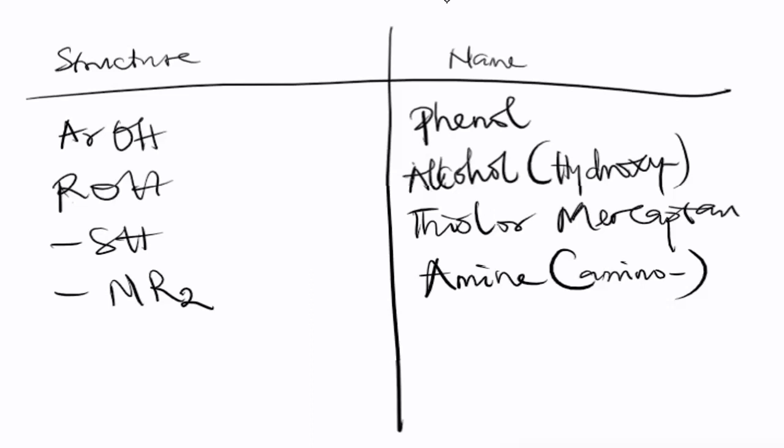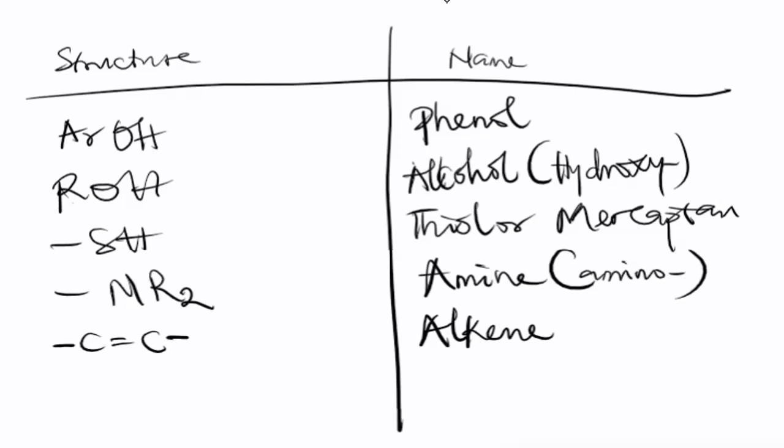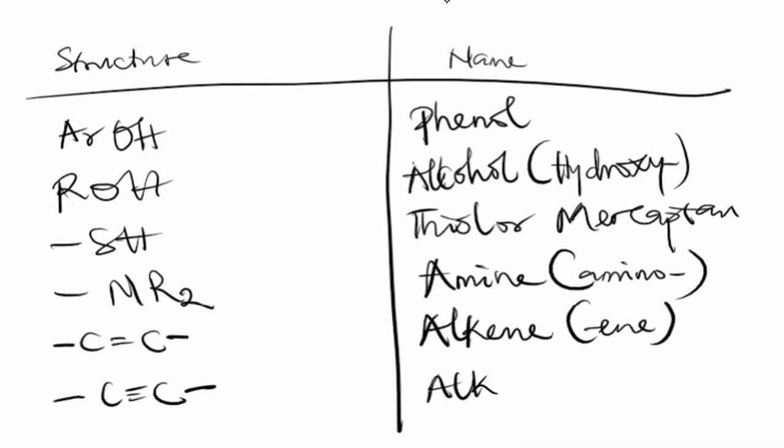So next we have the double bond alkene, always denoted by ene, and then the triple bond alkyne, always denoted by yne.